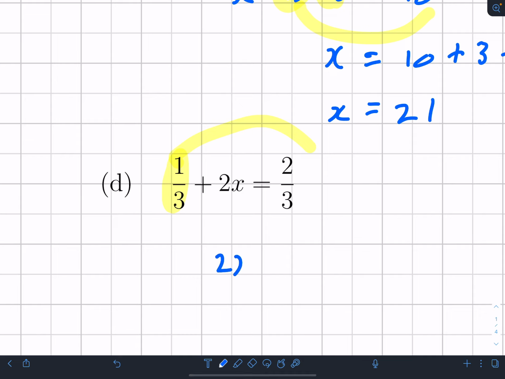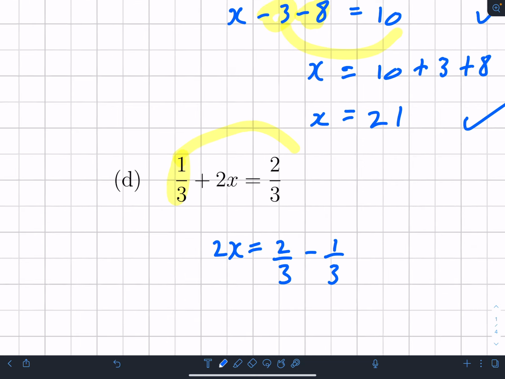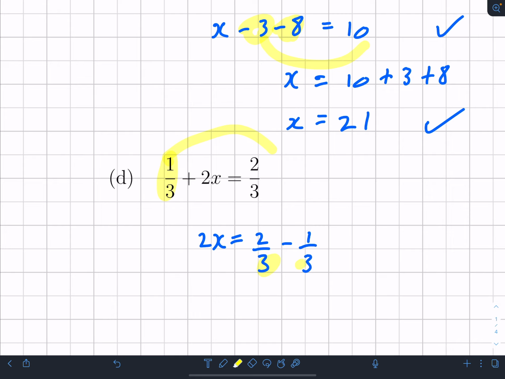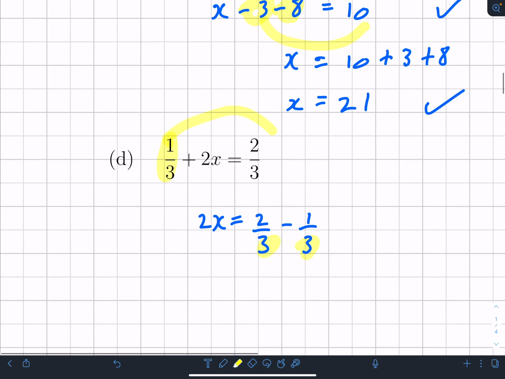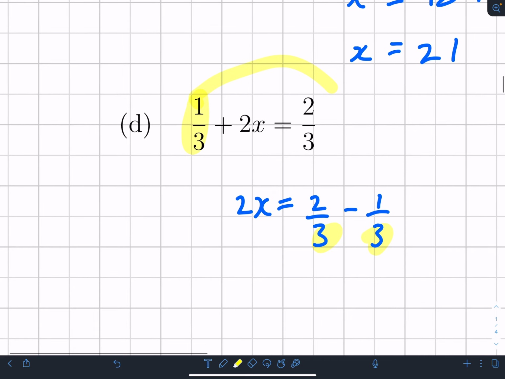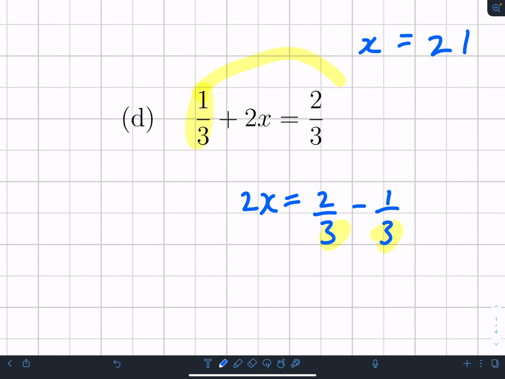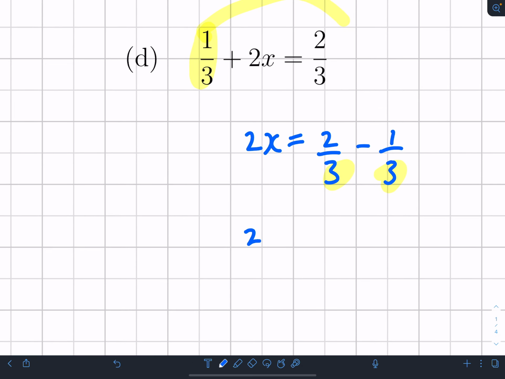So we have 2x equals 2/3, and then we are minusing 1/3. Now it makes it quite simple because the denominators on our right are the same. So now we have 2x equals 2/3 minus 1/3. That will give us 1/3.